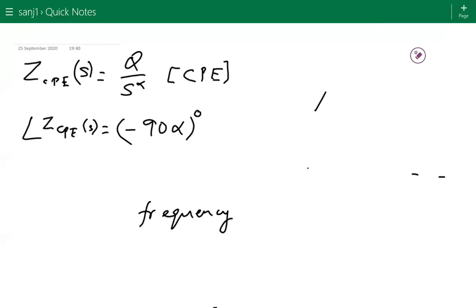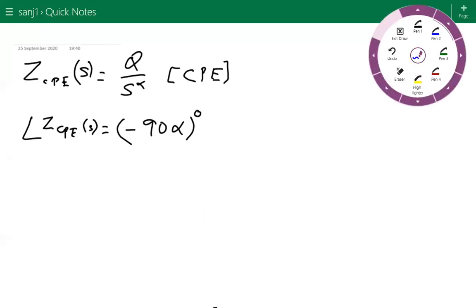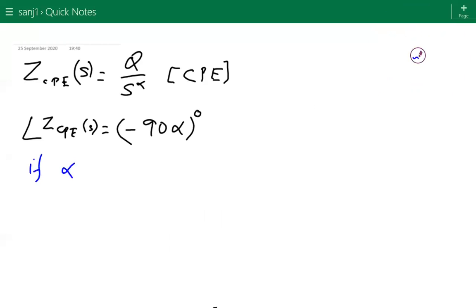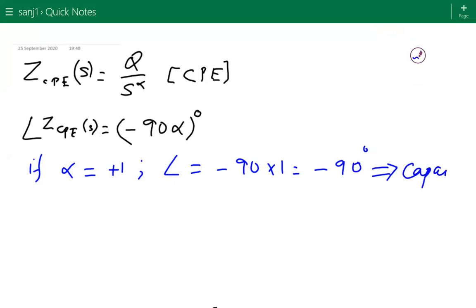Now let us do some more analysis on this. If alpha equal to plus 1 here, then this phase angle will be minus 90 into 1 equal to minus 90 degrees, and we know that this is the case of a capacitor.